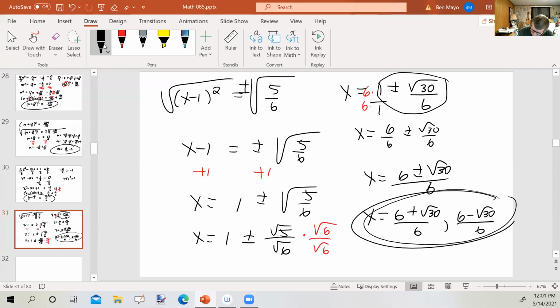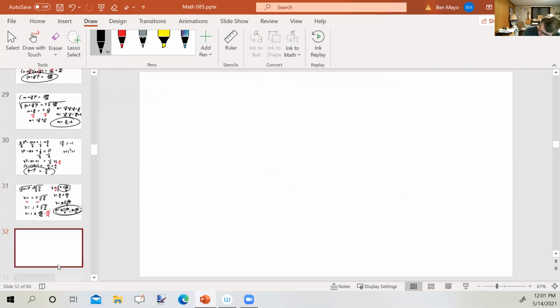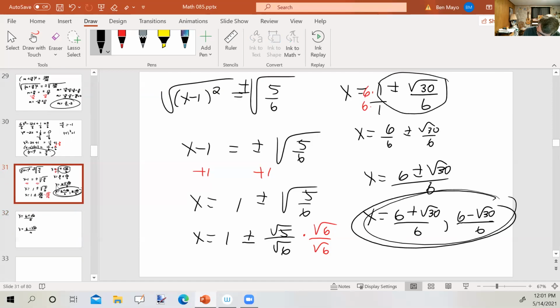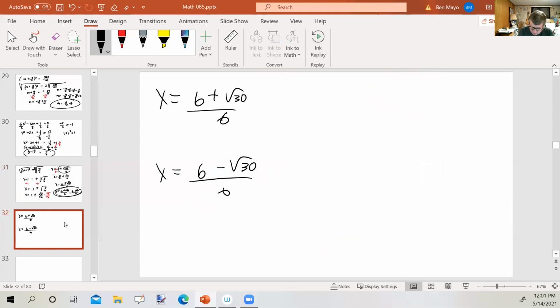Let's go ahead and take those, put them on the next page. I get those right. And then let's go to the calculator. Now, we need to be careful. We want to divide the entire numerator, the 6 plus the square root of 30, all by 6.